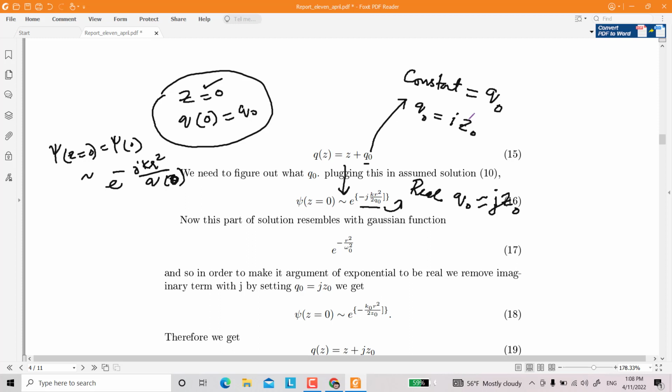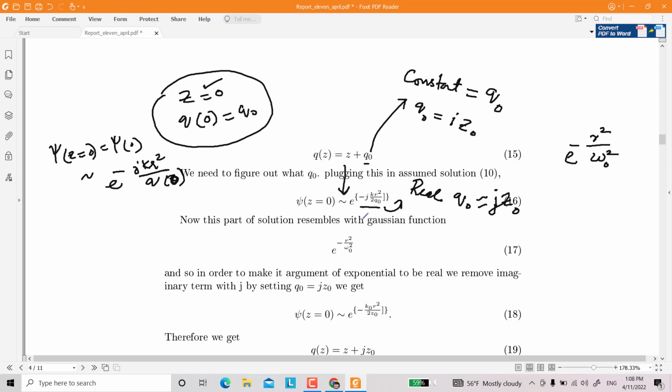So in order to find the width of this Gaussian, we take a standard Gaussian function to be of this form, and obviously where omega naught square is the variance which gives us the width of the Gaussian.